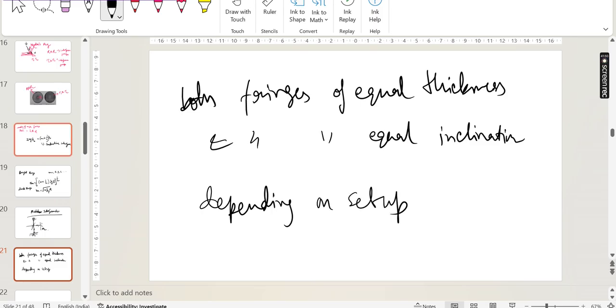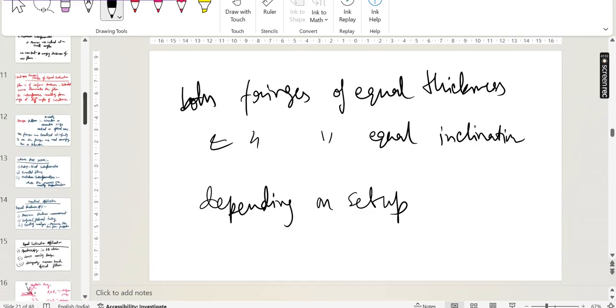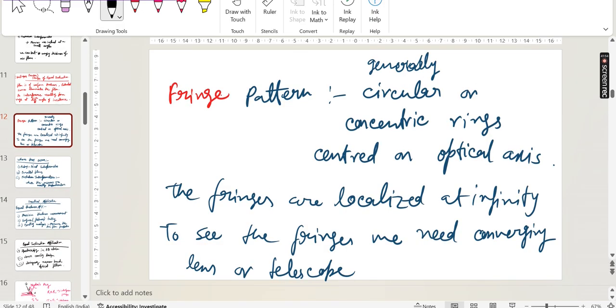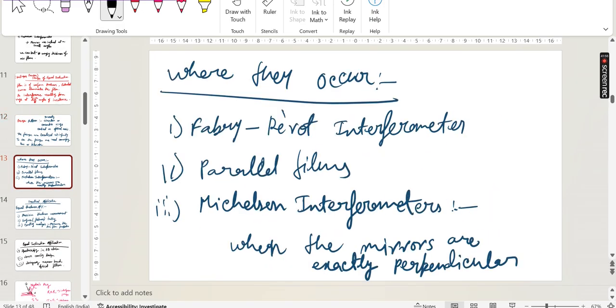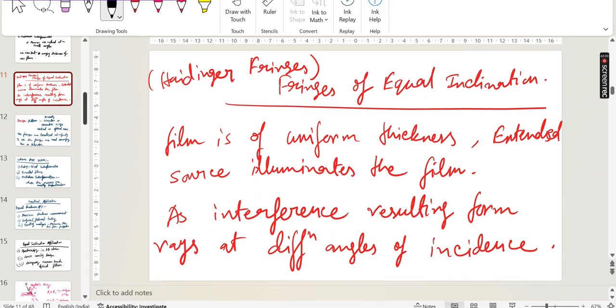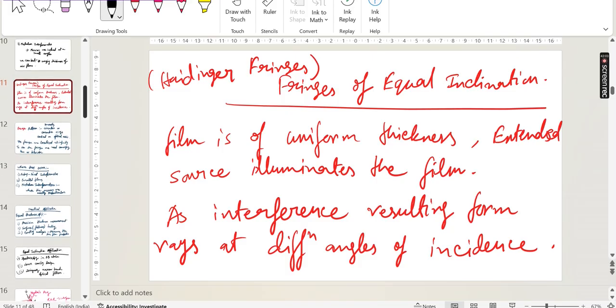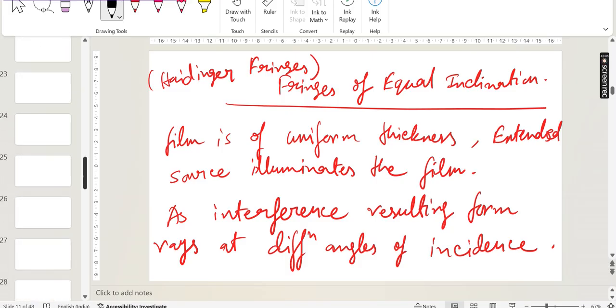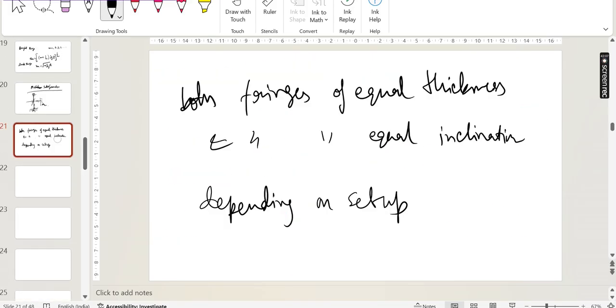When the mirrors are exactly perpendicular, we get fringes of equal inclination because the thickness is the same. But when they are at an angle, we get fringes of equal thickness.